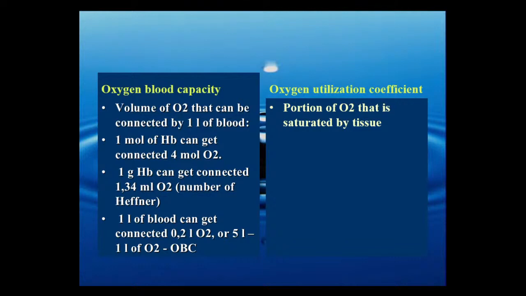It's the processes of transportation of oxygen first to tissues, and carbon dioxide from tissues to lungs, and it's a process of gas exchange in tissues. And all these processes influence the final event, the consumption of oxygen in tissues.